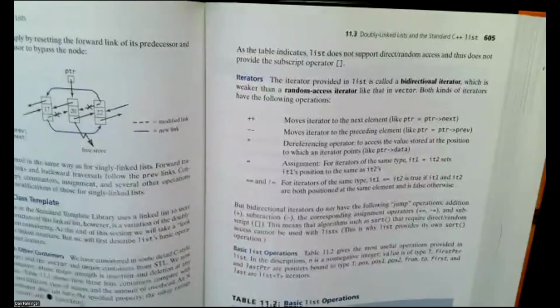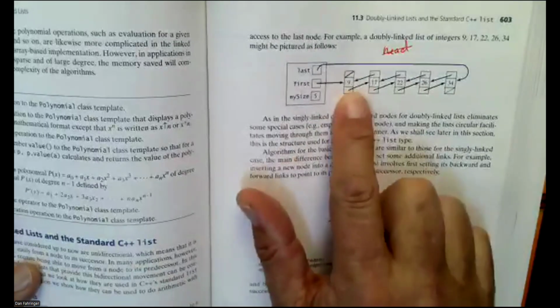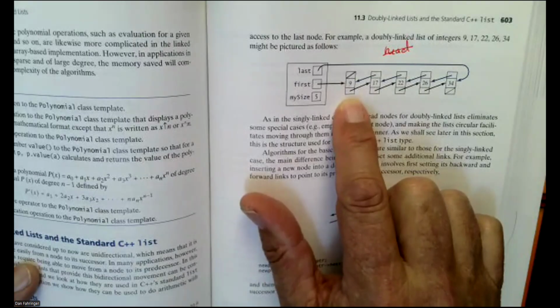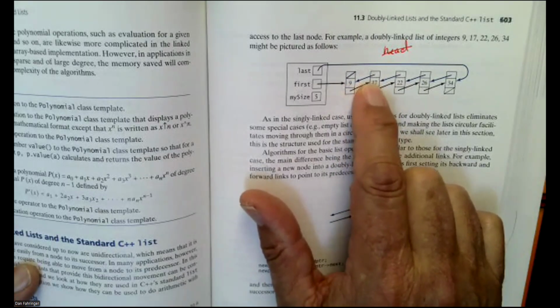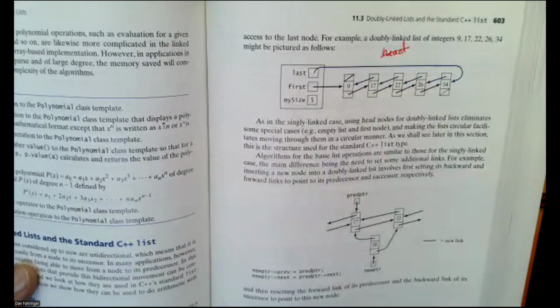We are going to start with constructing it. What do I need inside of my node? It looks like I have two pointers this time. One pointer's going to the next, one pointer's going to the previous.